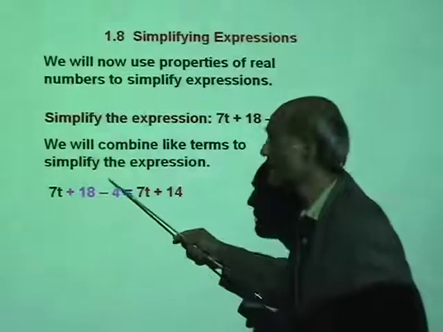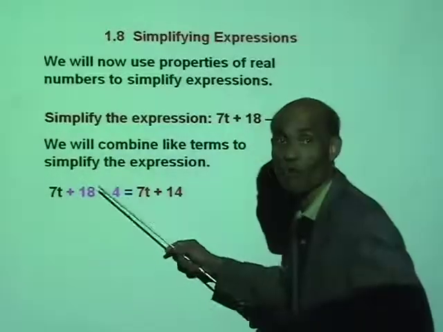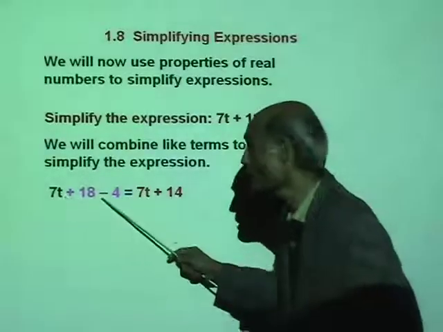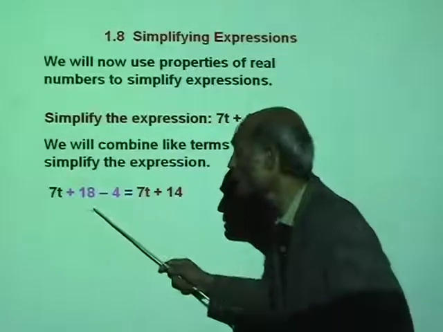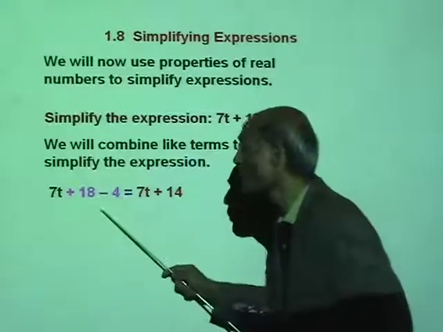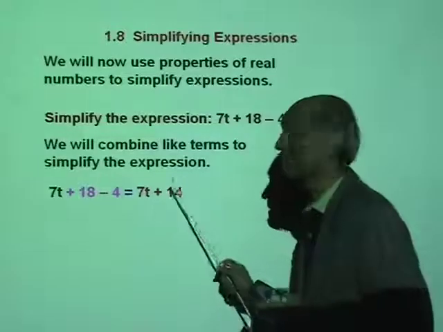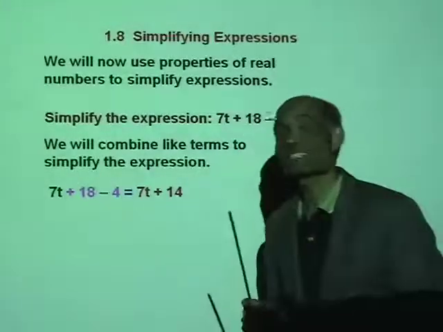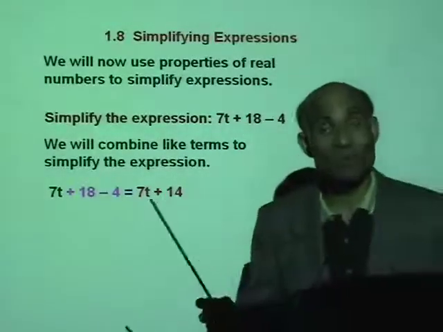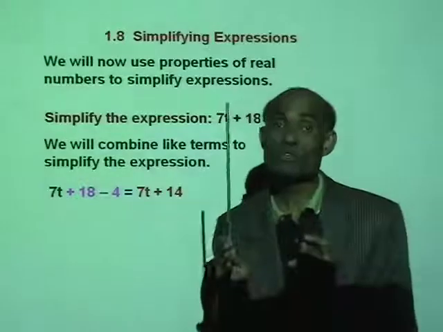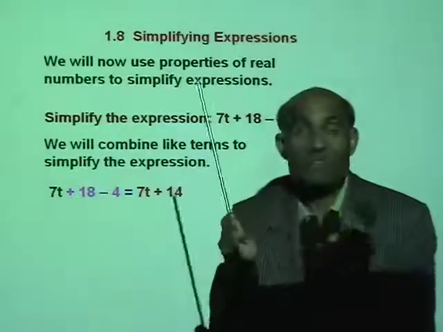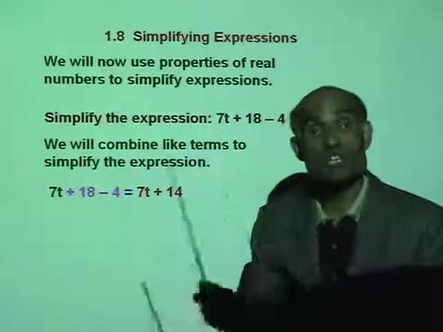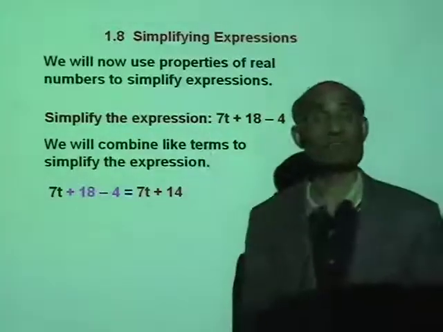I have colored 18 and 4 because they are like terms. Now positive 18 minus 4 is 14. That will give us the result 7t plus 14. So we use the associative property of addition to simplify the expression here.